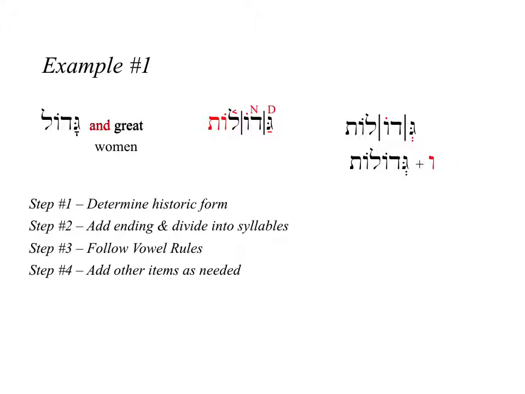So what we're doing is taking a vav and putting it at the front of the word gedolot. If you remember, as you go through the different ways in which a conjunction is added onto the word, normally it would simply take a schwa. It has no vowel, and so you would put a schwa under the vav and add it onto the word.